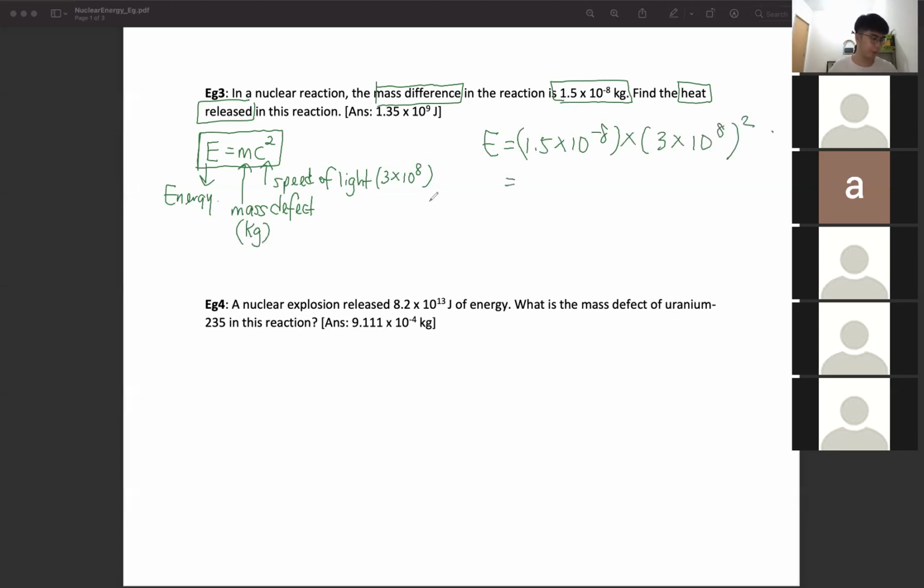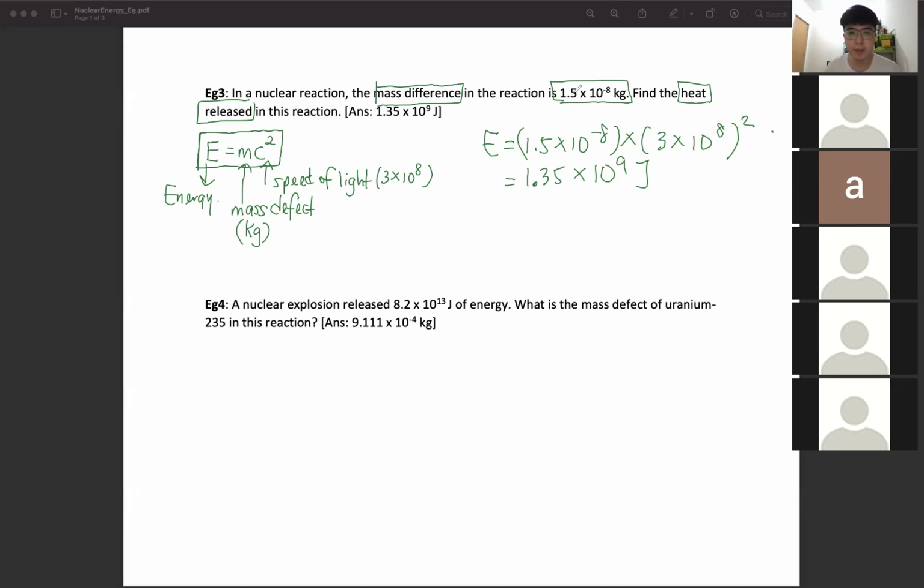We calculate this and we get 1.35 times 10 to the power of 9 joules of energy. If you see this number, it's a very huge number. Times 10 to the power of 9, that's giga. 1.35 gigajoules. How much is the mass defect?